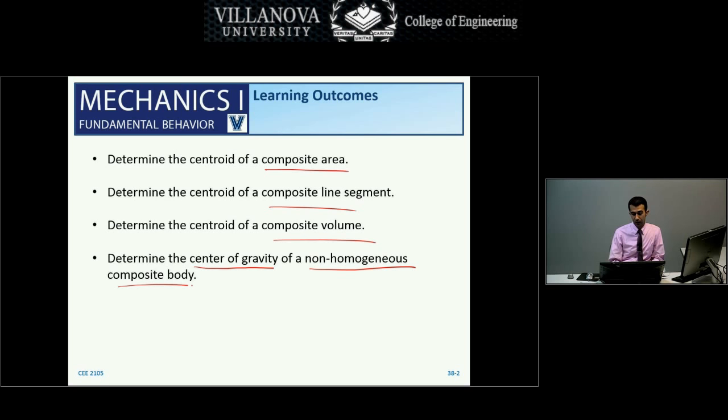So what's a non-homogeneous composite body? It's a body that is composed of sections with different densities, or different specific weight for that matter. And it comes in handy quite many times.